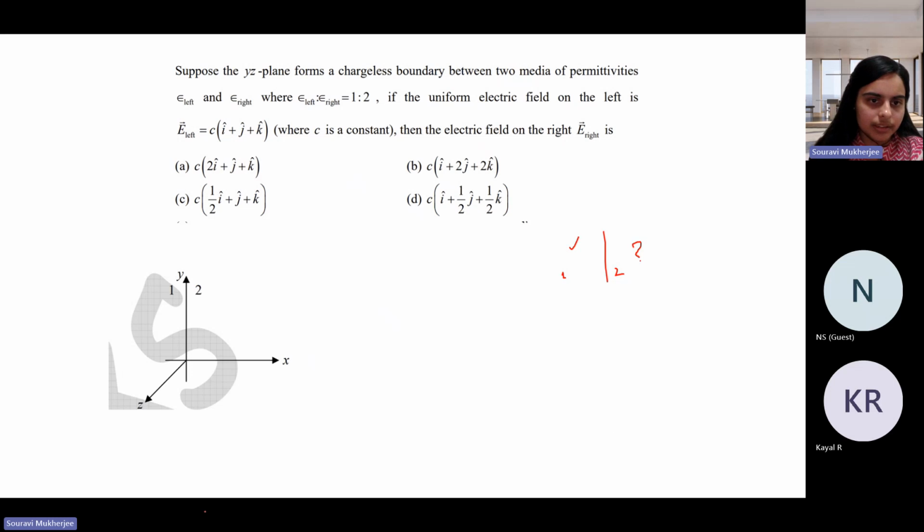As the wave is propagating, you see that it's a chargeless boundary. So what would happen if you think of the first boundary condition? The normal components of the displacement vector will be continuous, because there's no charge on the boundary.